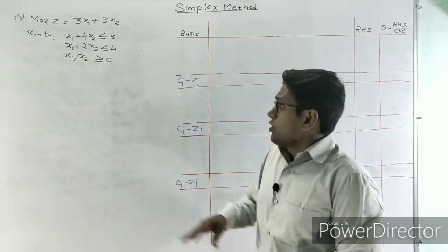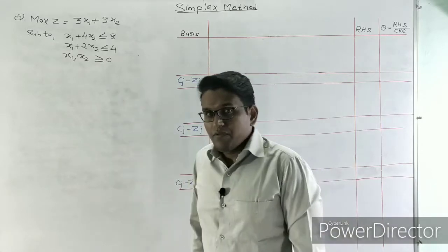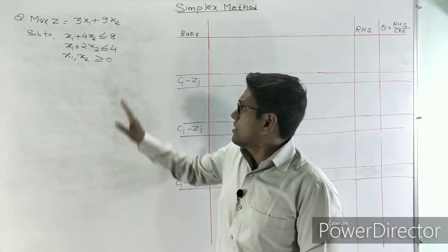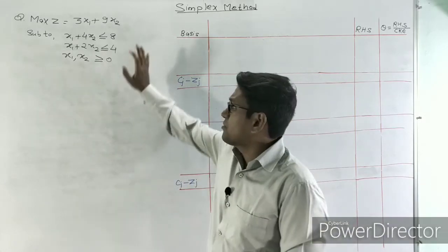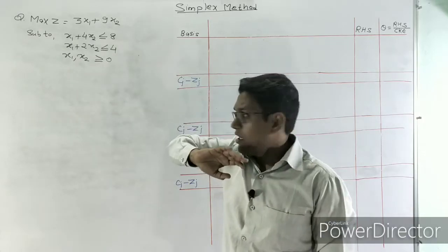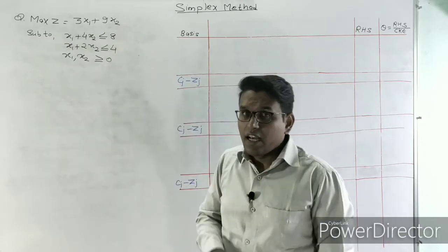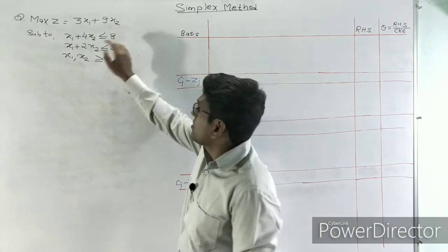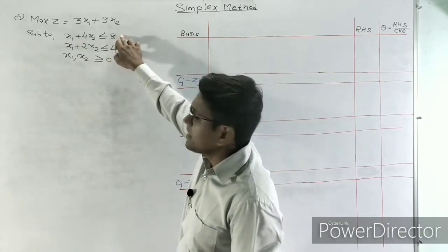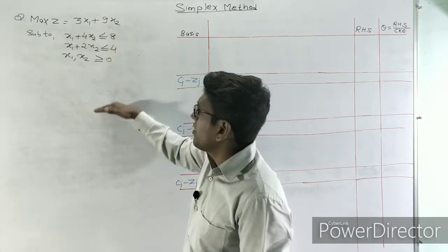Now, in order to solve this problem, first we need to convert it into standard form, and we need to check that the right hand side values of the constraints are non-negative. As we see, 4 and 8 are non-negative, so we can move ahead.